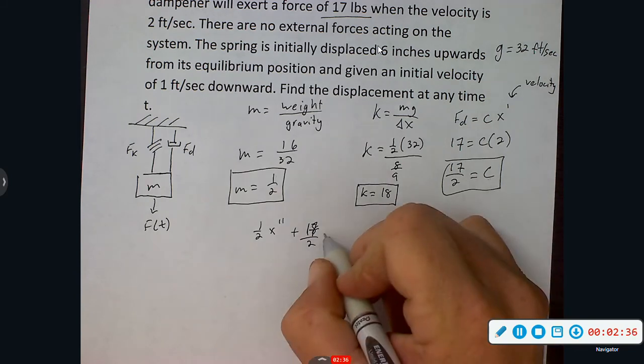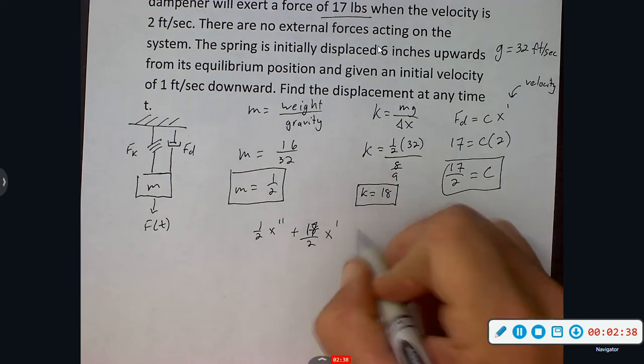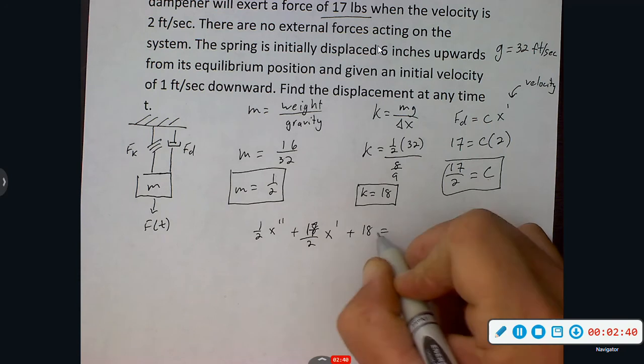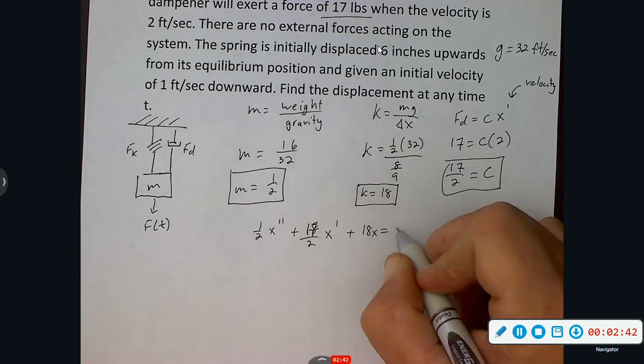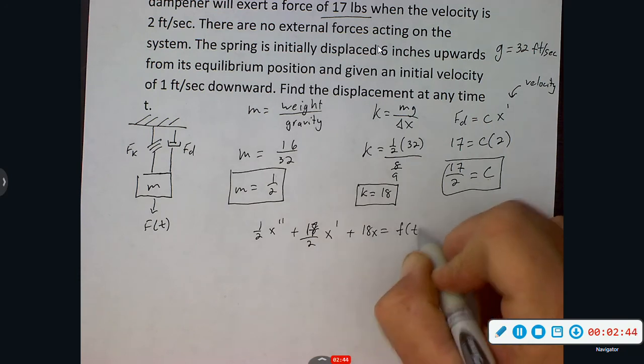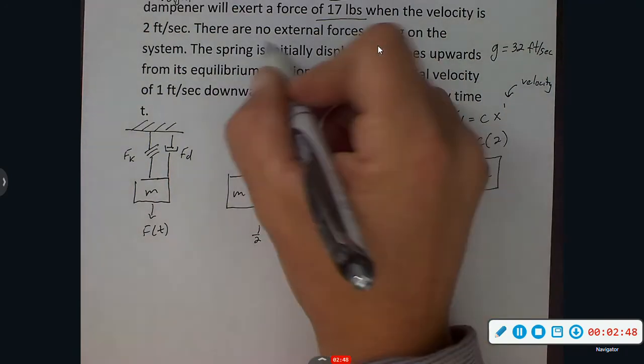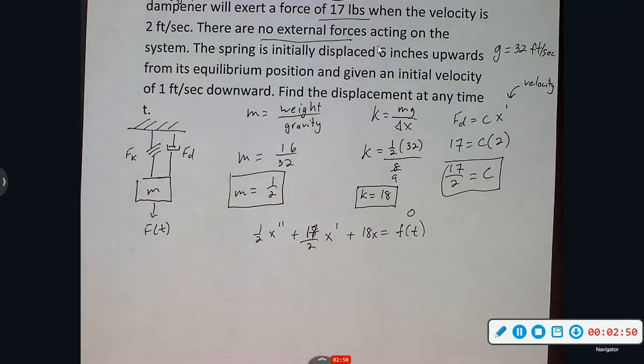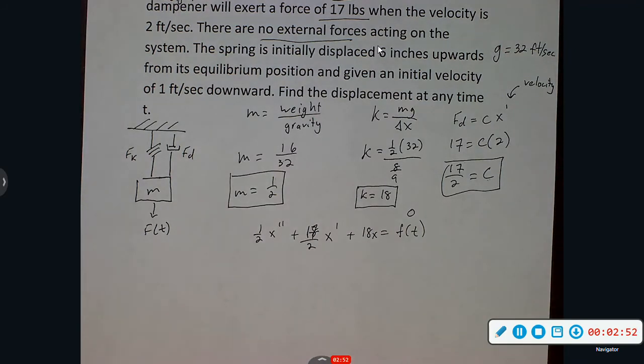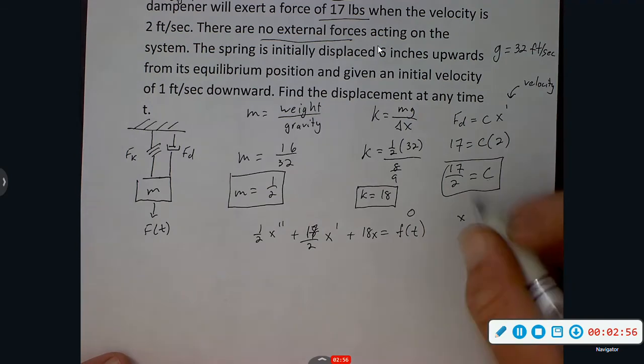17 over 2, x prime plus 18 x equals f of t, which is 0 in this case, because again, there's no external forces. Remember, this is our next thing. The spring is initially displaced 6 inches upwards. So same as the previous problem.